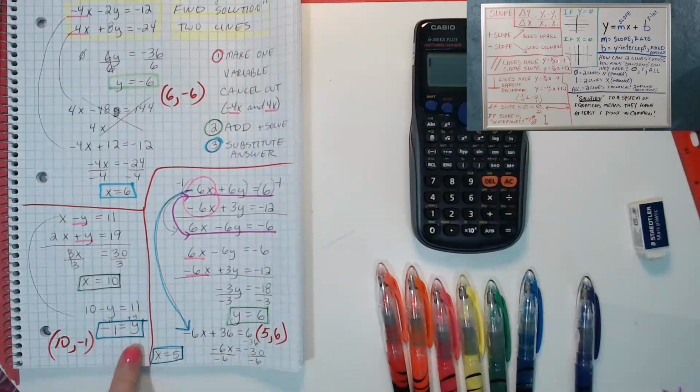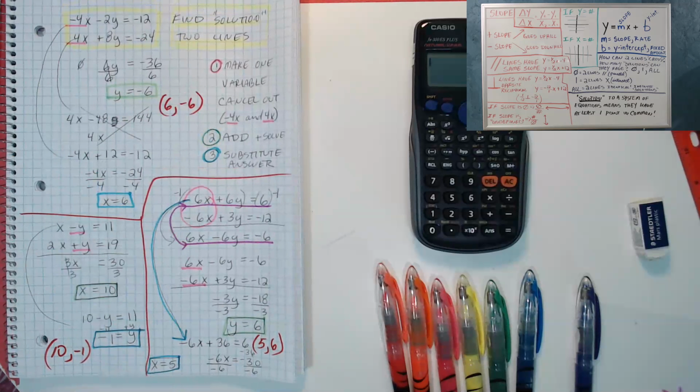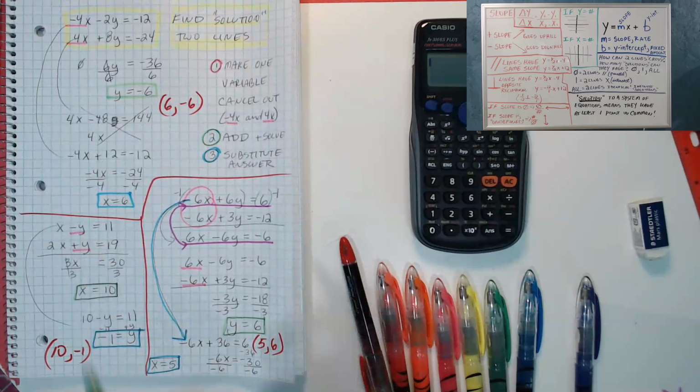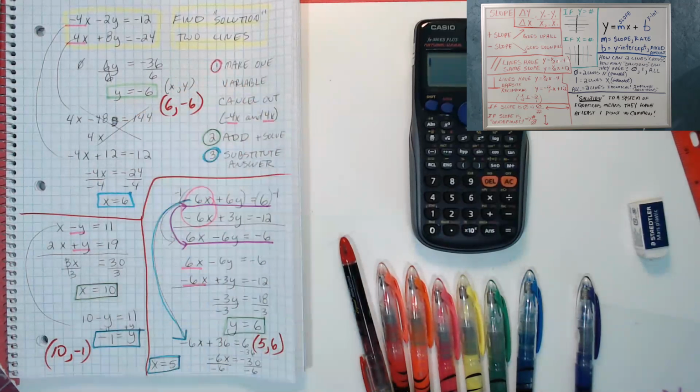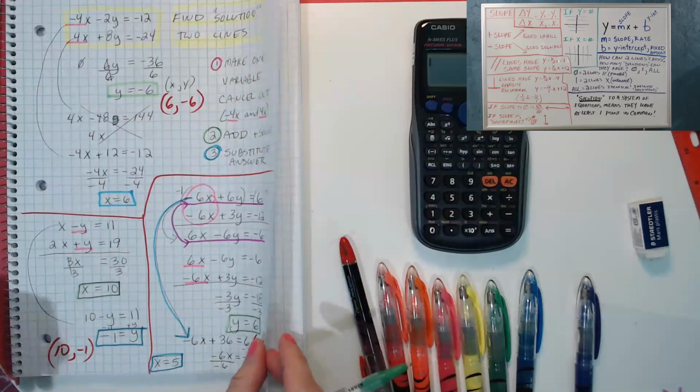The place where these two lines cross is in red, okay? And the reason for that is, let's not forget that this is always x, y, right? X comma Y. So the X answer is 6, the Y answer is -6. So it doesn't matter what order you solve it in, as long as when you write your answer or you choose an answer, that's the X and that's the Y. Okay.